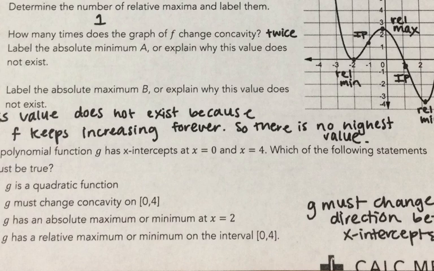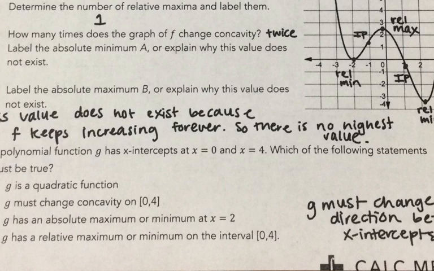So can you draw something that crosses or touches at 0 and 4, but doesn't ever have a max or min between them? I mean, if you think about it, if I bounce off at 0, I've got two options. I could bounce or cross at 0. If I bounce at 0, how could I get back to the other x-intercept? I'll have to turn back to have a relative minimum.